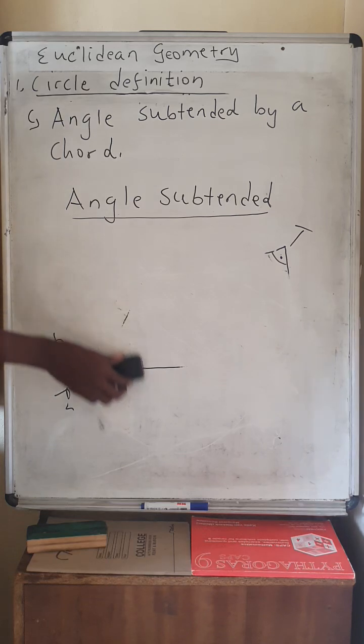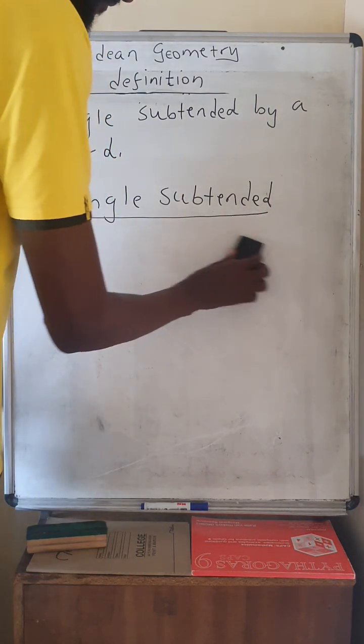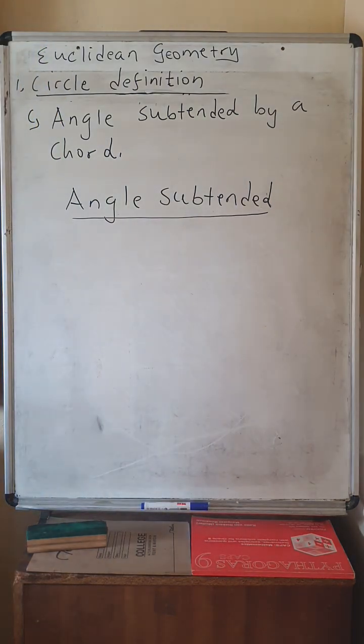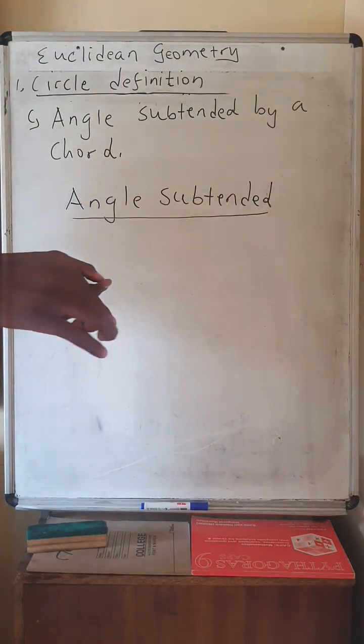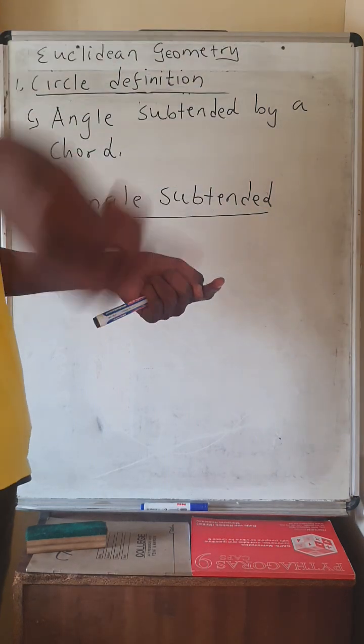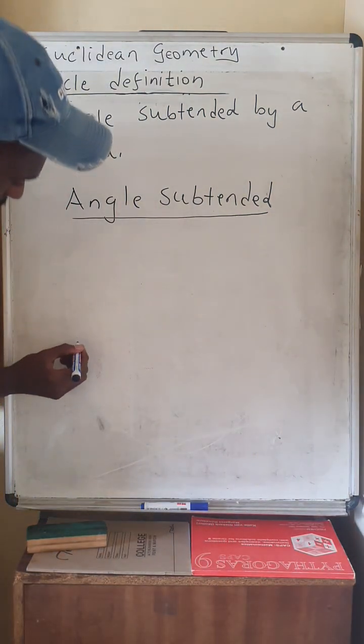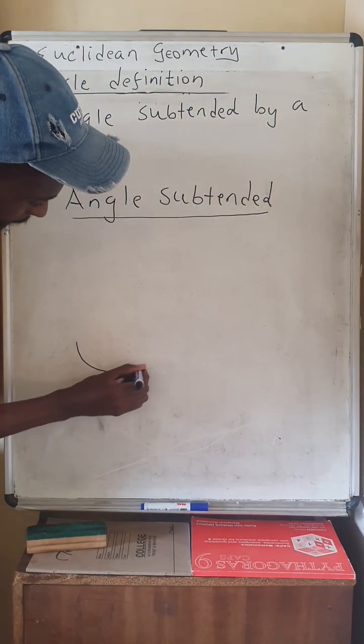Even an arc can subtend or enclose an angle. We already discussed this. So I'll give you two examples: one where the angle is being enclosed by a minor arc, and one where the angle is being enclosed by a major arc. So here is the minor arc.